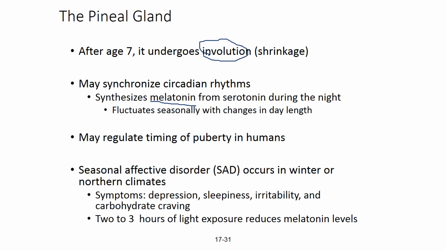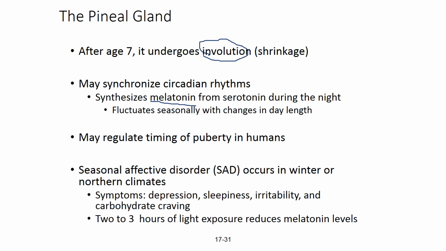We know that the pineal gland has something to do with regulating our circadian rhythms, and it synthesizes melatonin from serotonin, and helps us regulate our sleep and awake cycles. If you've ever heard of seasonal affective disorder, we feel depressed, sleepy, irritable, and have carbohydrate cravings.